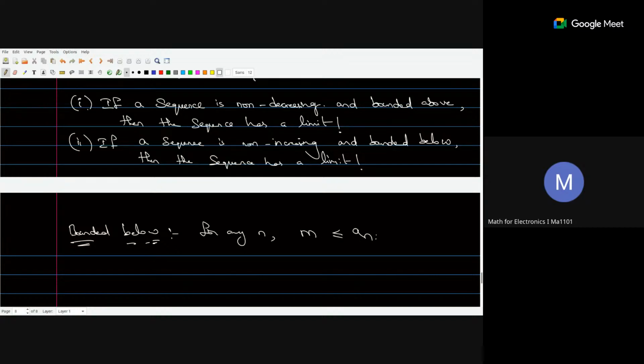So any term you pick in your sequence shouldn't be less than some value m. Then I say the sequence is bounded below.